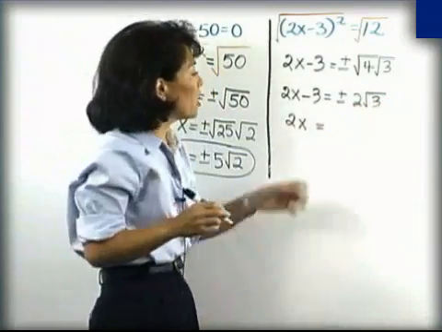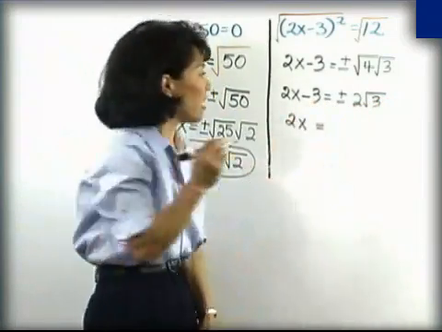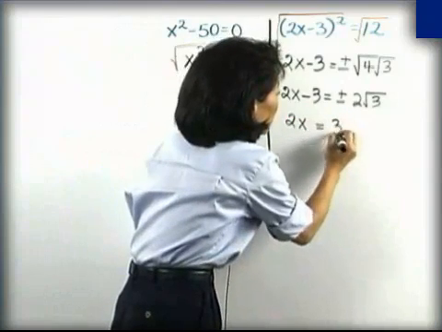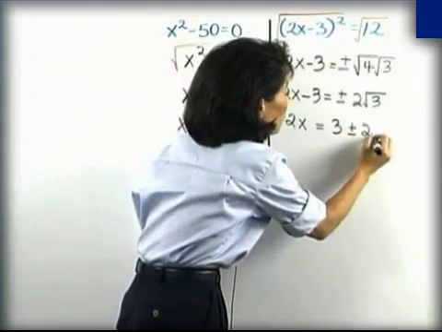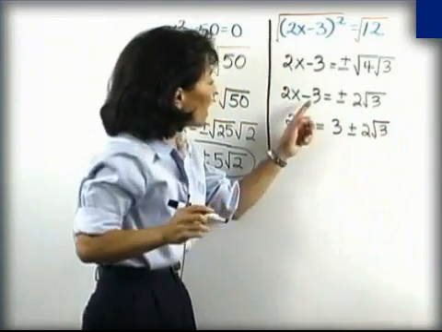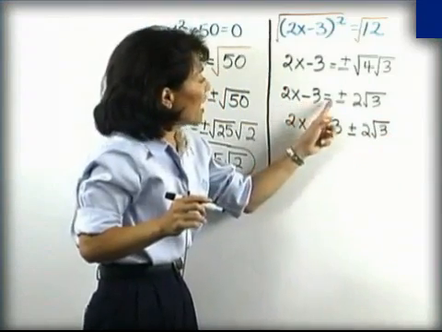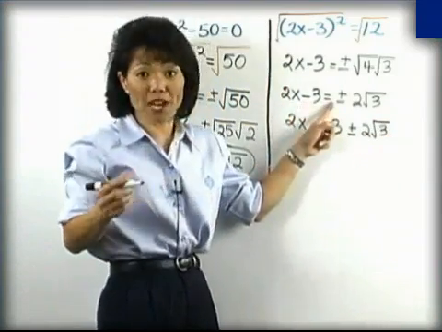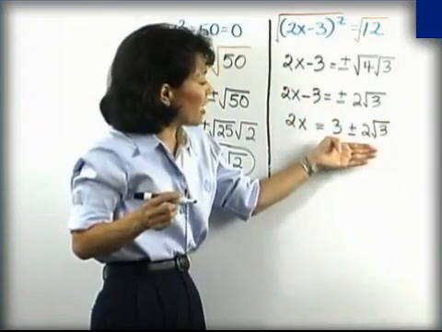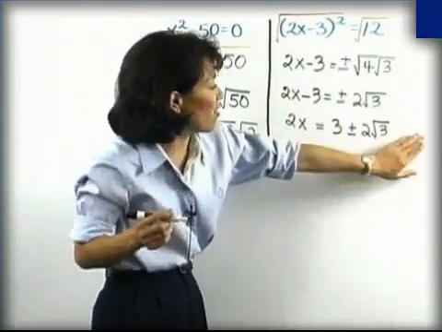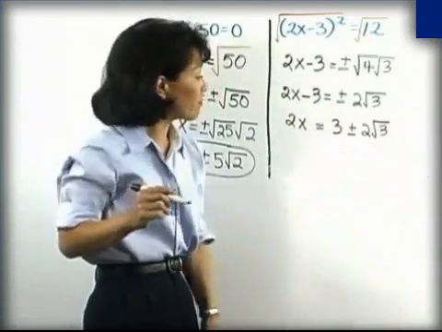It doesn't matter where we put it, but if we put it up front, it looks a little nicer. So we'll put 3 plus or minus 2 root 3. Again, I just wrote this 3 in front of the expression on the right-hand side because it looks a little nicer this way than to start with this and have the plus 3 off to the right.